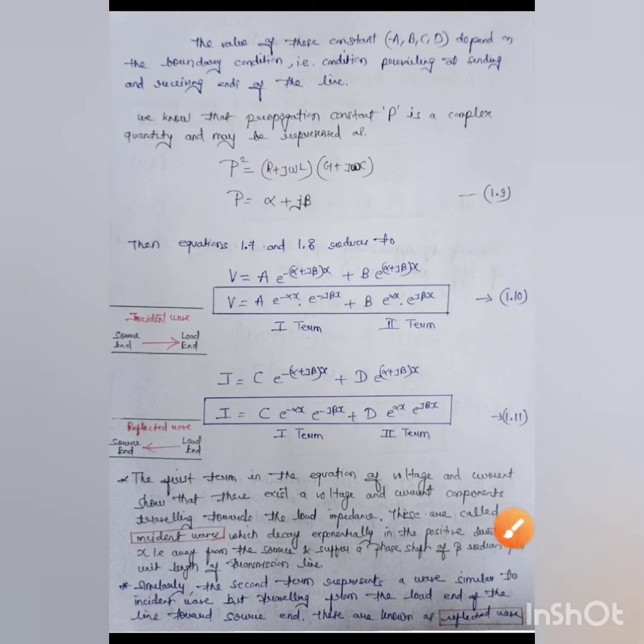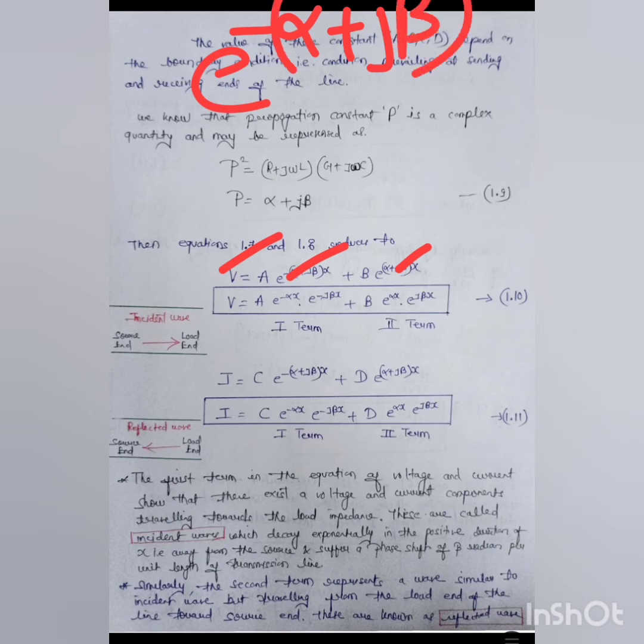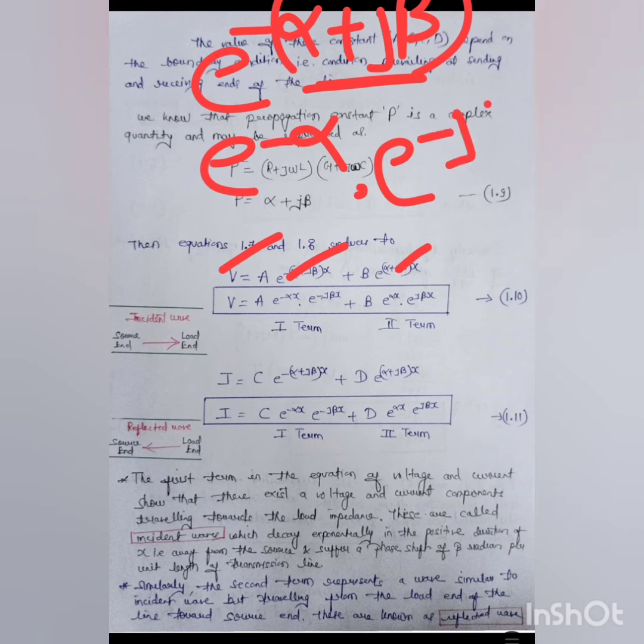After putting this value in the voltage and current equations, we get this equation, and we know e raised to the power minus (alpha plus jbeta)x, while opening this we get minus alpha x, and when the powers are added in exponentials, it is actually a multiplication of those terms.